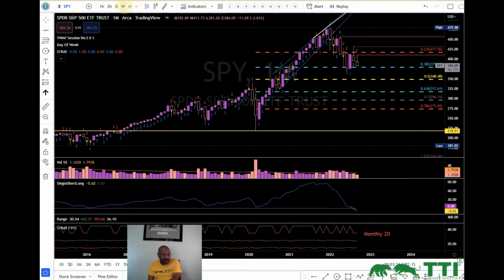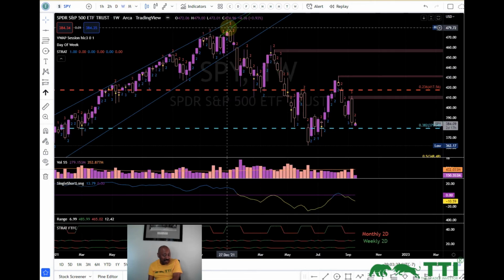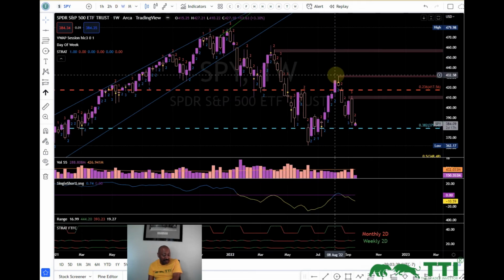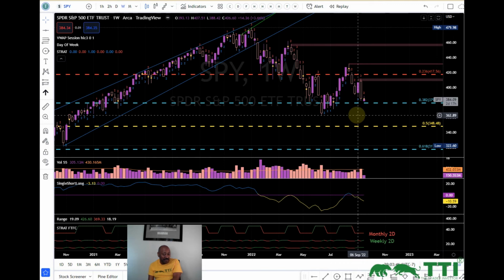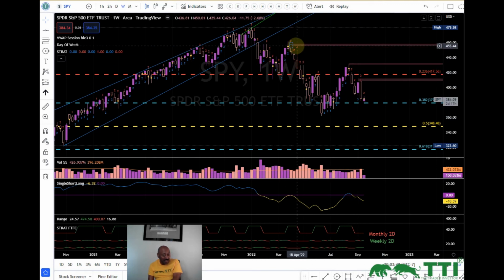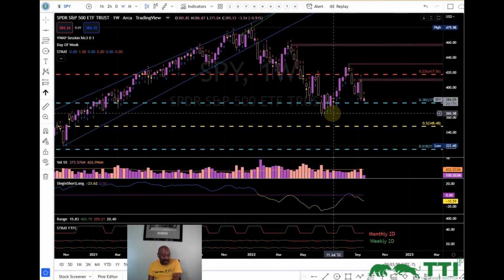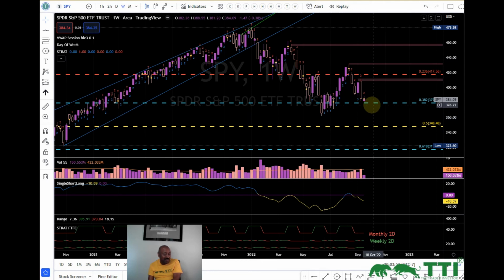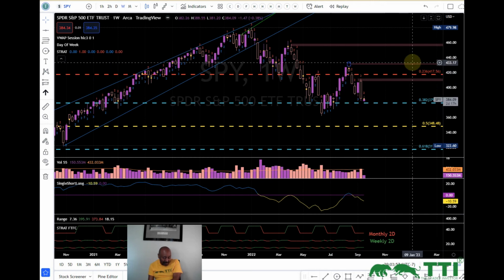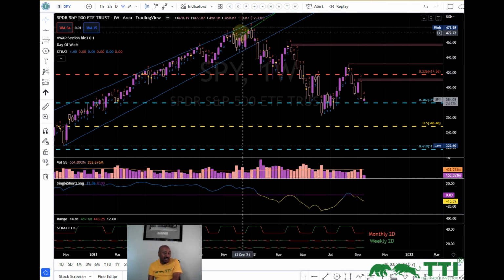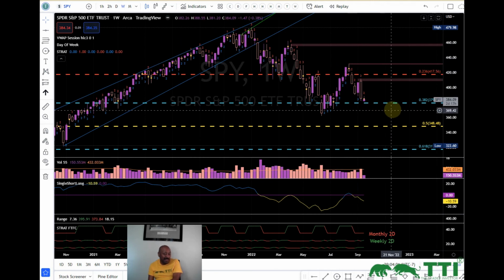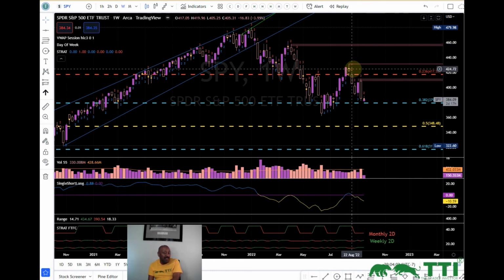So when we're making lower highs continuously, like this, there's still room to the downside. The only time you know this is over is when the lows go above the previous low. And if we turn here and make a new high, then we're reversing back. But until then, we're making lower highs, we're going down.